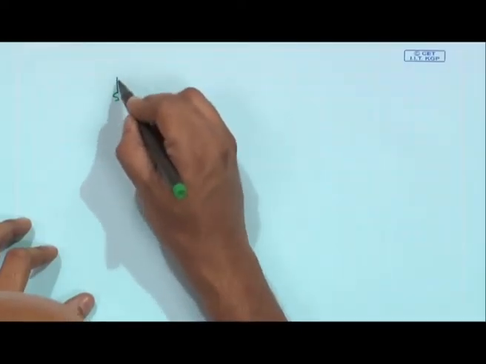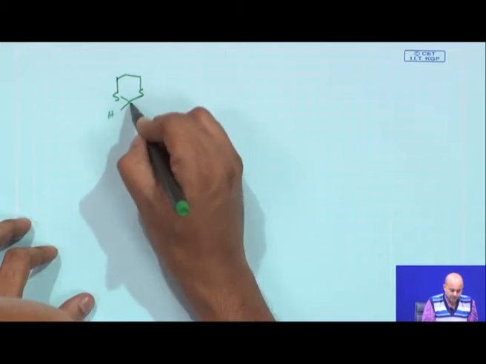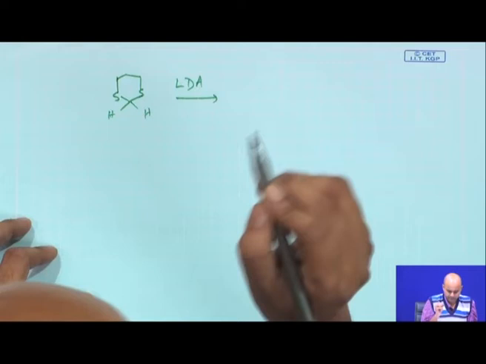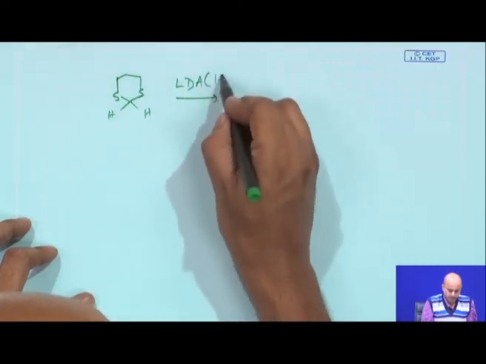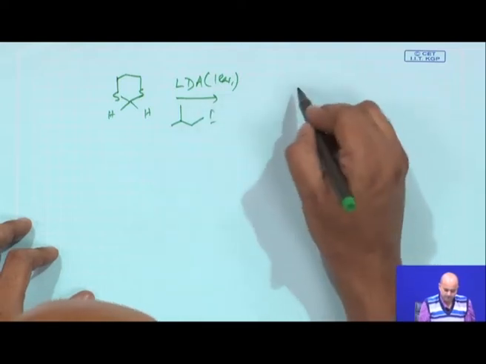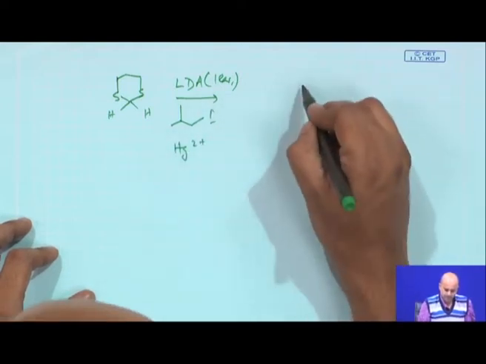Now, we will start from a starting material which is already known or available to all of us, formaldehyde 1,3-dithiane. First we will do LDA, 1 equivalent, and use isobutyl iodide and then do Hg2 plus.